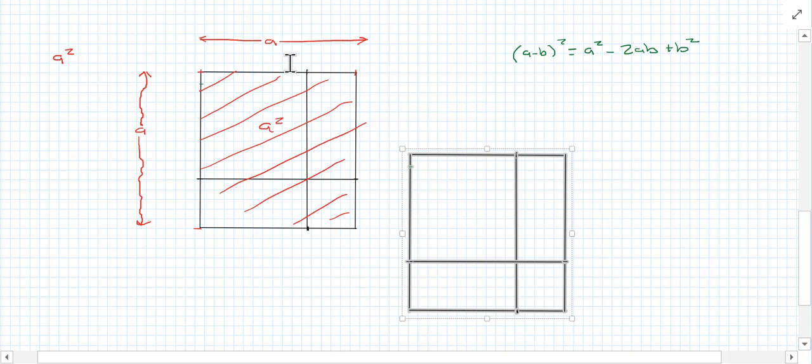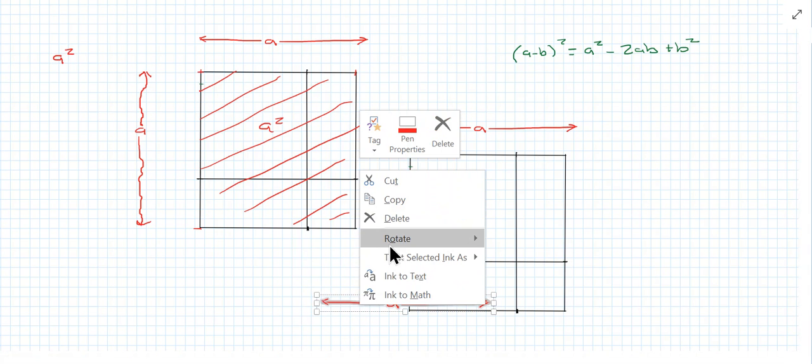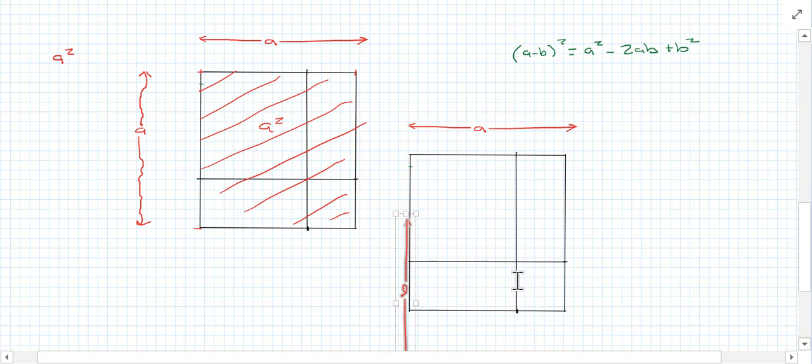Now, if we think about this, this is a, and let's rotate this 90 degrees. So this is a. What we're trying to find out then is, what is b?